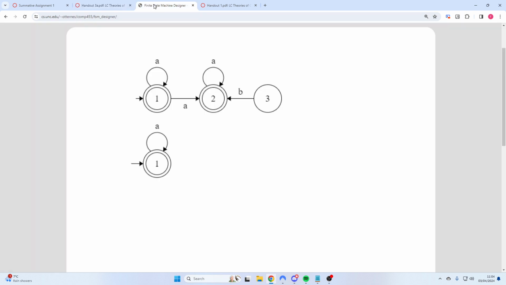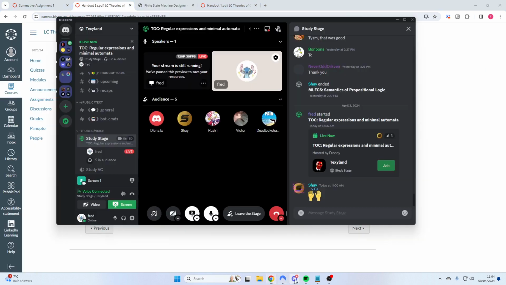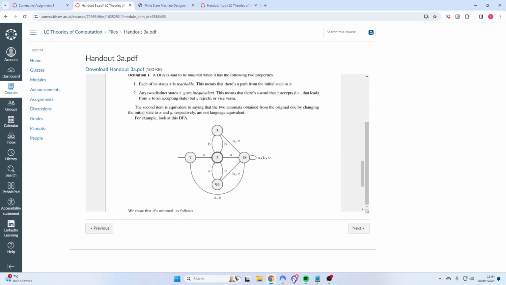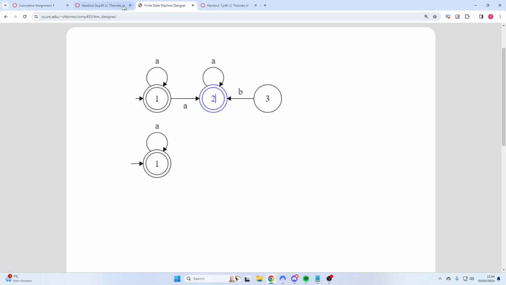That's kind of the technical definition of it, but in the end it's in the name, it's minimal. You want to make it as simple as possible, but that's how you can check if you have a large automaton.